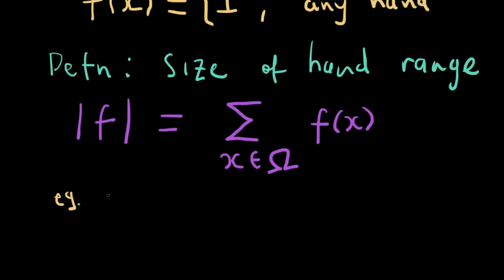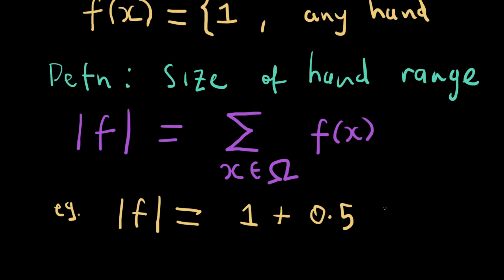So the size of that particular hand range would be equal to 1 for the combination of aces that we've got, plus 0.5 for the combination of kings that we got, plus a whole bunch of zeros, plus 0, plus 0, plus 0, etc. for all the other hands.